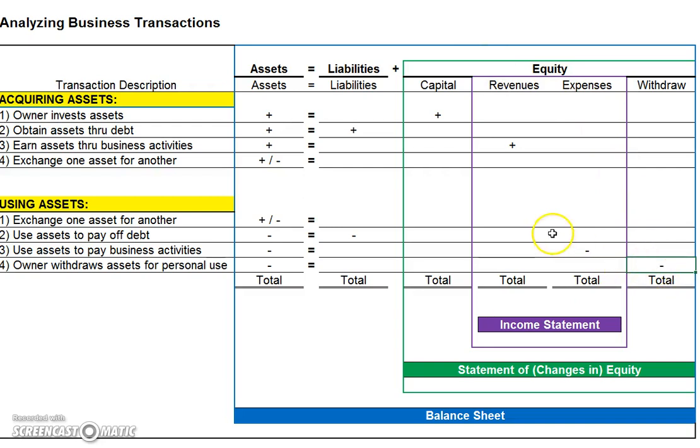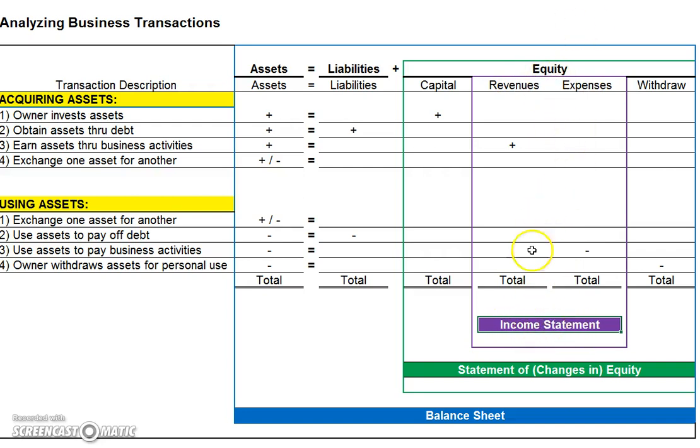Now let's briefly review our financial statement formulas. Notice these two columns here, which I have outlined in purple to match back to my other handout, which had the income statement or the profitability statement, is revenues minus expenses. That's our income statement formula.